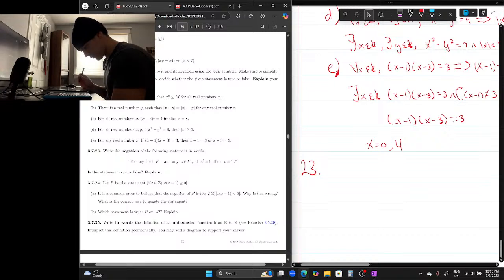Alright. For any field F and any A in F, if A cubed is equal to 1, then A is equal to 1.